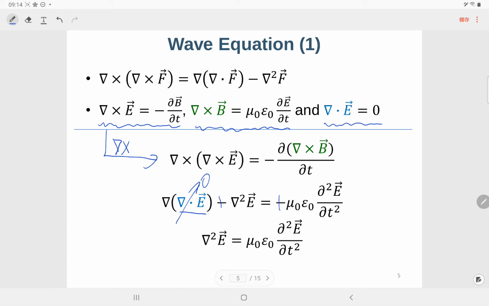So finally we have this equation. This is one of the wave equations, the wave equation for the E field.